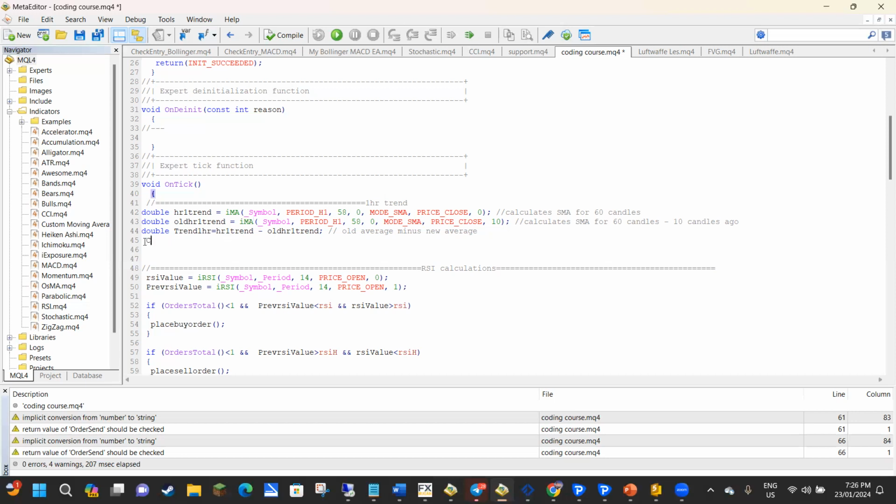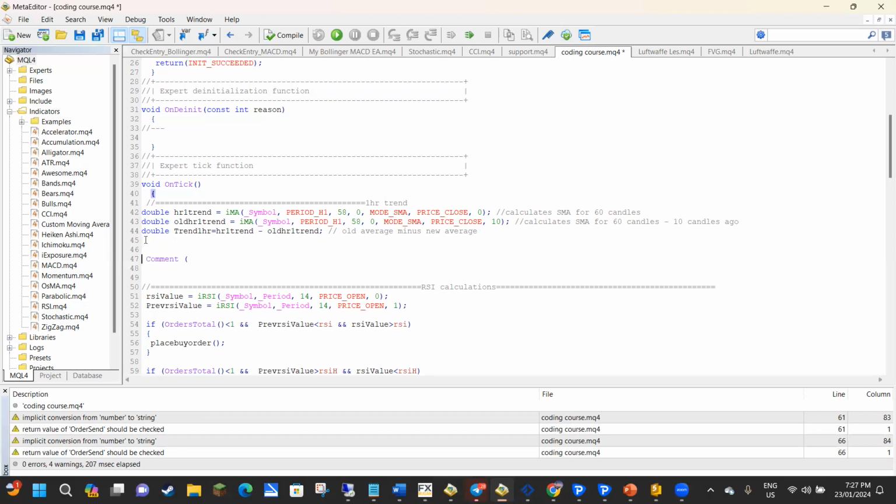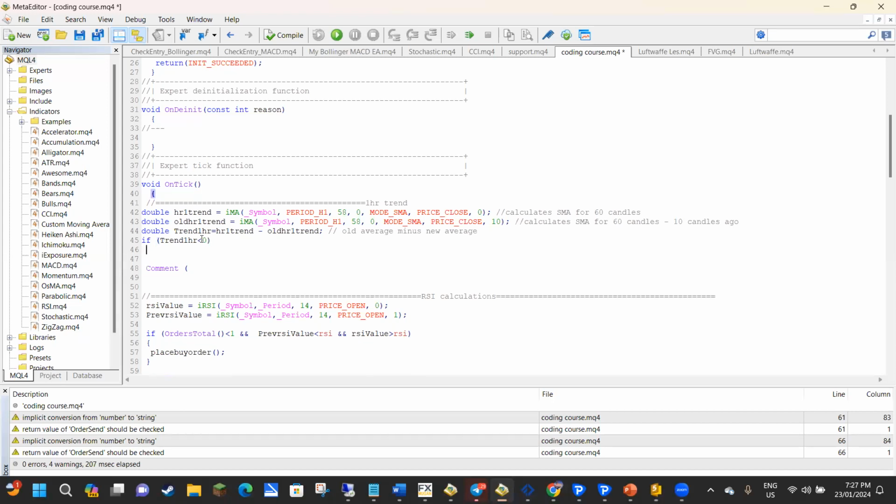And we'll just put a comment in here. I'm going to put in a little calculation here, which will be if trend 1 hour, so that's the 1 hour trend minus the old 1 hour trend, is less than 0, and in curly brackets, we'll just call it TR1, just because I have in a lot of my EAs.